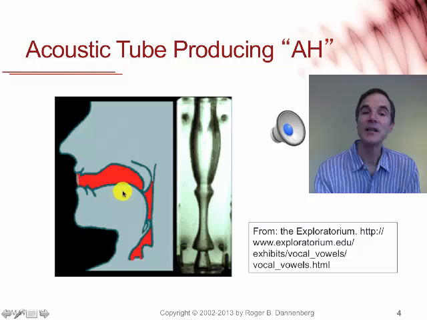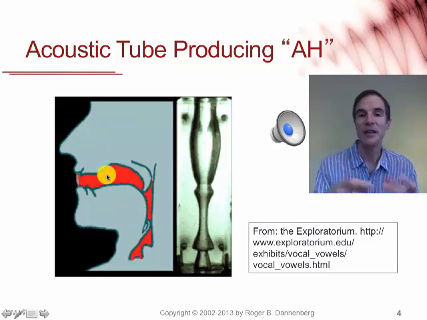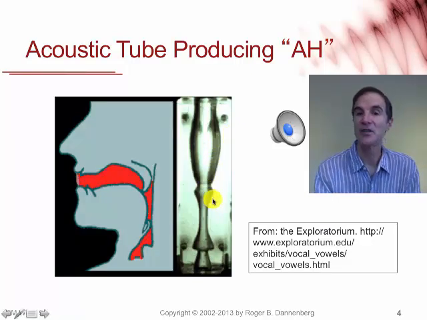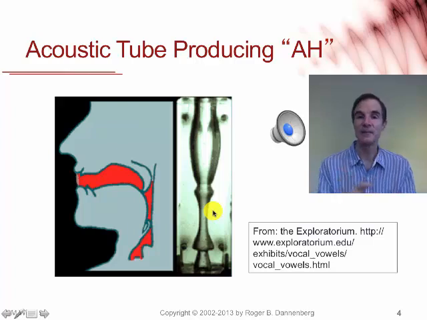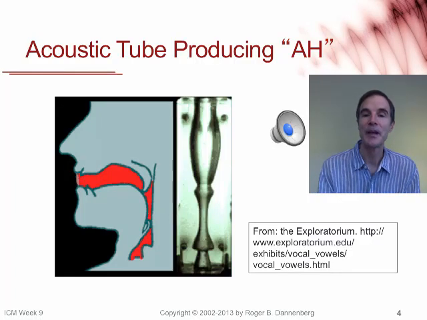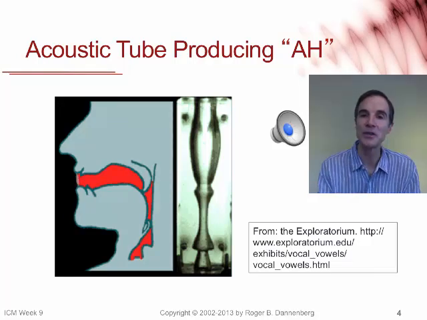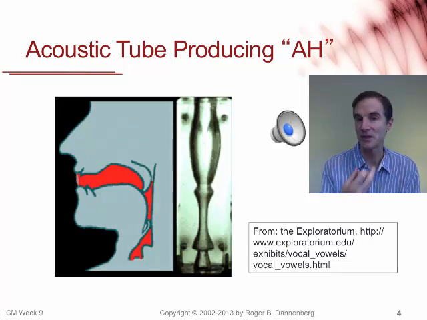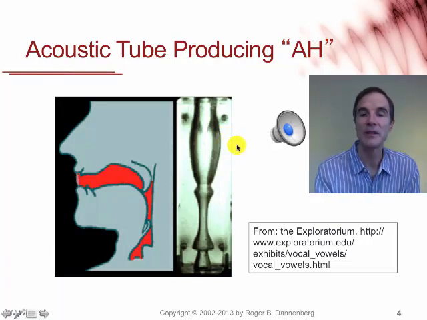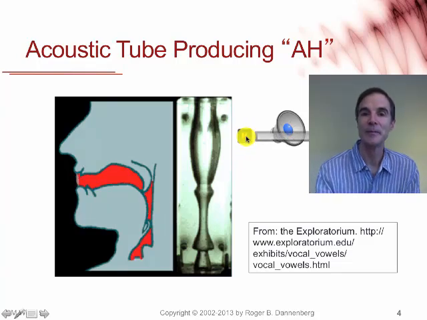What's happening here is we start with the vocal tract, which is a tube of varying diameter, and we straighten that out and construct a plastic tube with the similar geometry, and then we put a source up to this tube, and the sound I'm going to play for you is actually a duck call, just vibrating pulses into this tube, but the geometry of the tube is going to make the sound like an ah. Here we go.